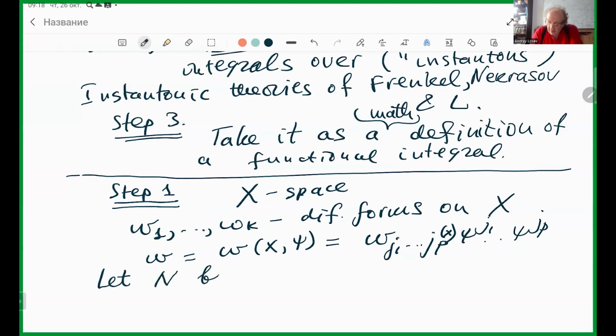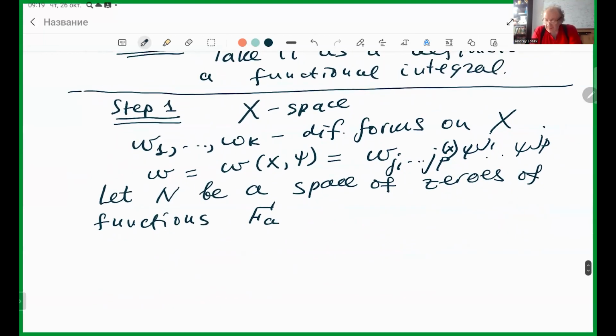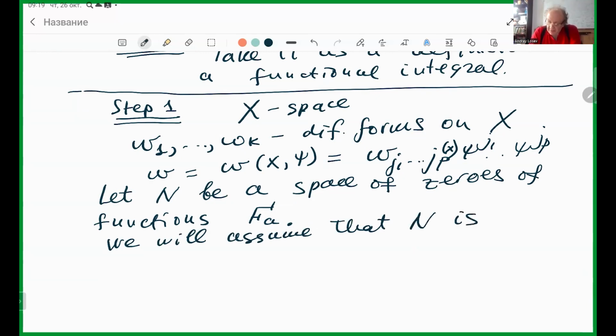Let N be a space of zeros of functions Fa. We will assume that N is finite dimensional.